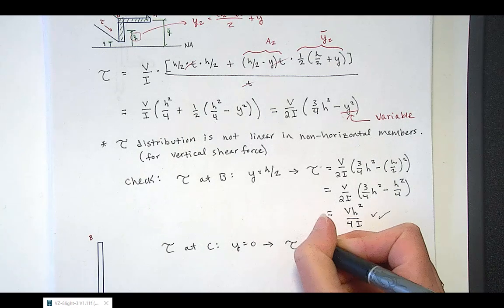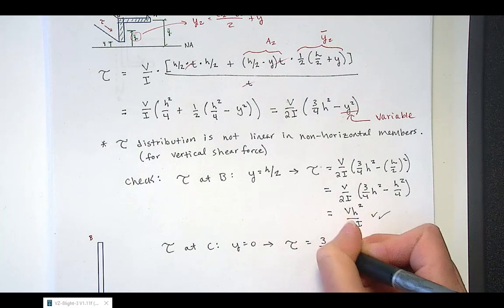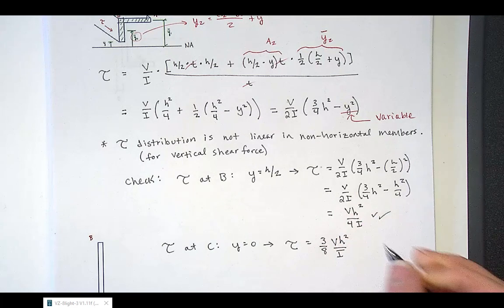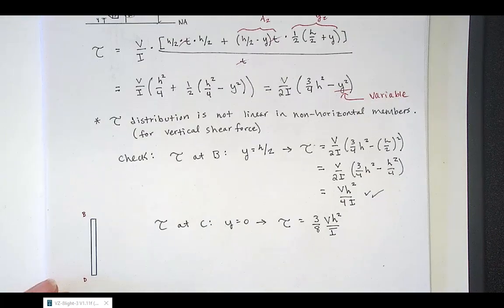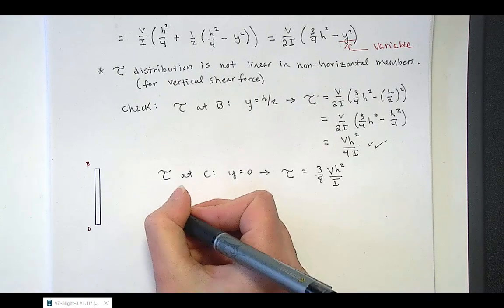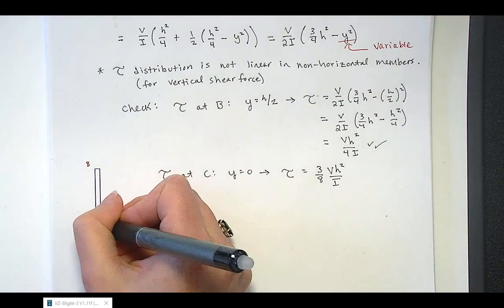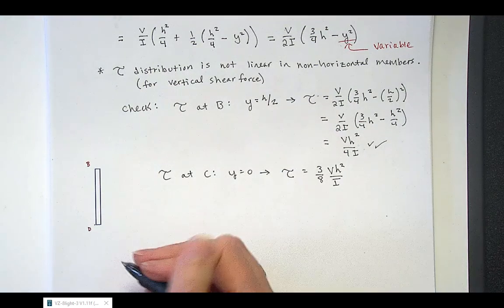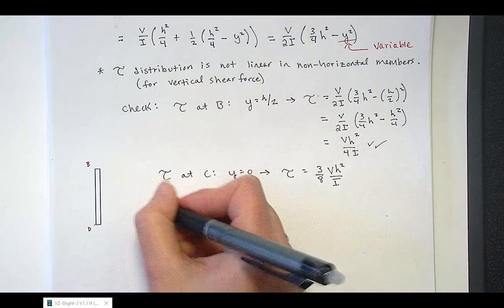So the shear stress ends up being 3 over 8 Vh squared over I. And we can expect that is the location of our maximum shear stress on this section. So then we don't need to calculate shear stress at D because of symmetry. We know it should be the same as the shear stress at B.